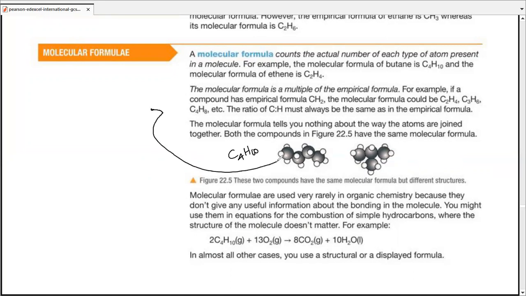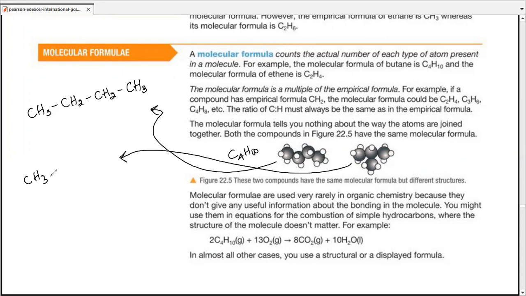One of these, this one, is written like this: CH3, CH2, CH2, and CH3. If you count the number of atoms, you'll find there are 4 carbon and 10 hydrogen atoms.